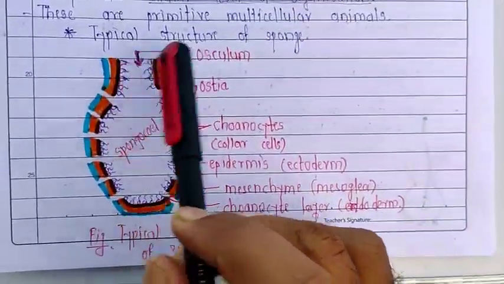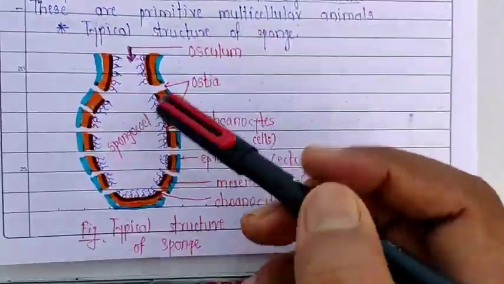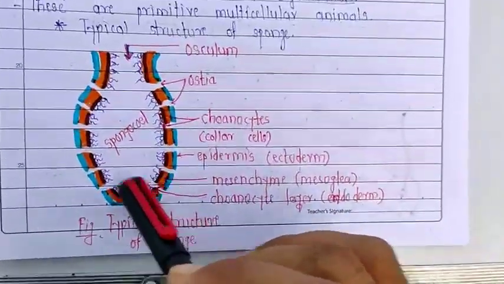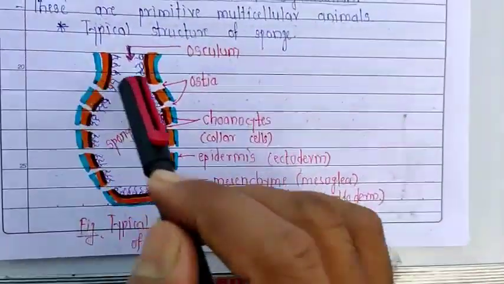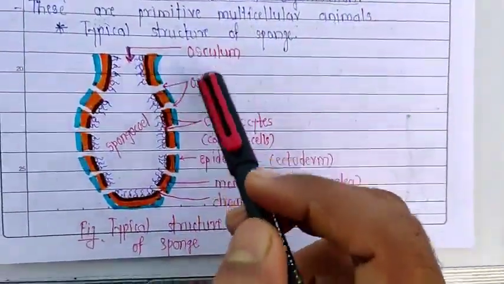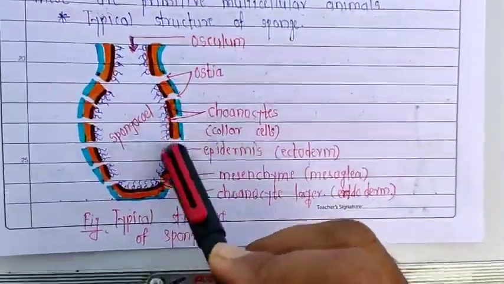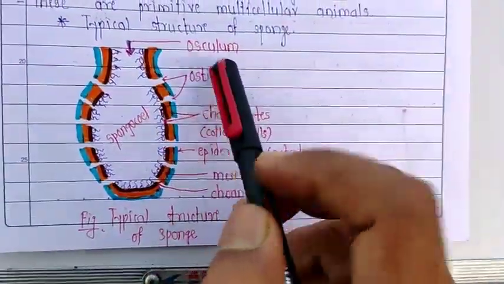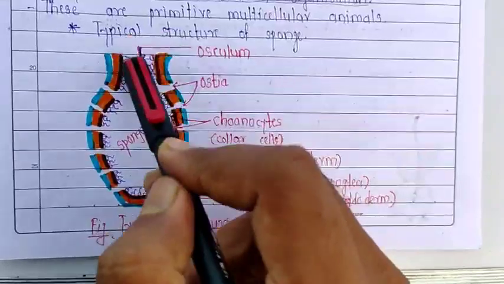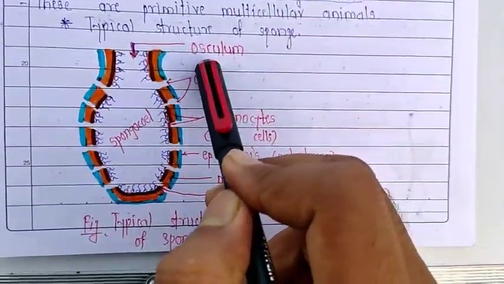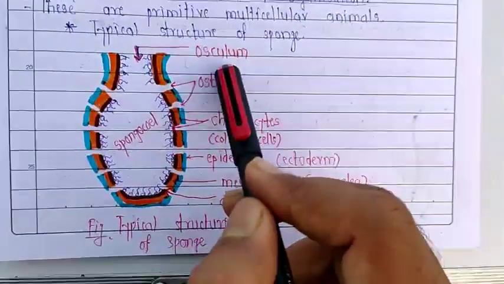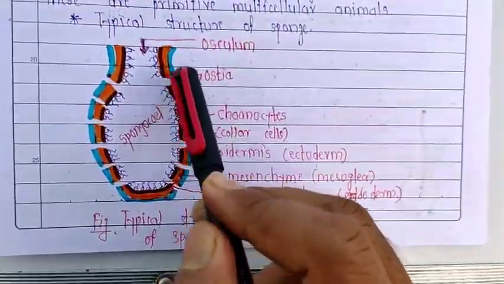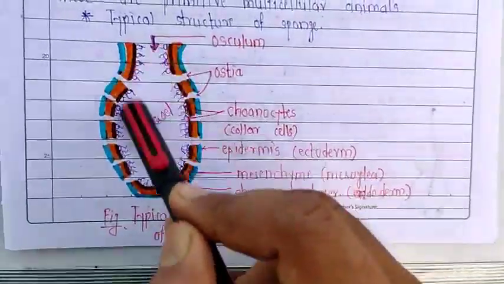If we see the typical structure of a sponge, here we can see its body has pores all over its surface and these pores are known as ostia. A single opening is known as ostium and a large opening is known as osculum. Water enters into the body of the sponge through these ostia and enters into the body cavity.